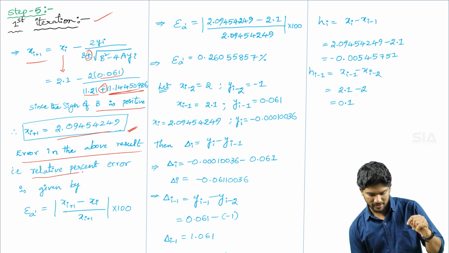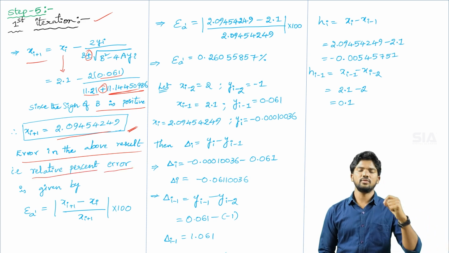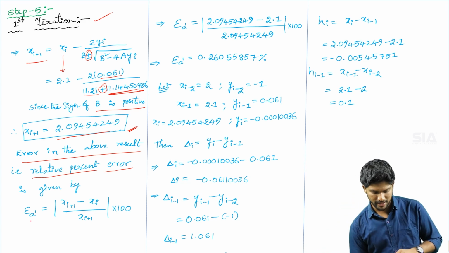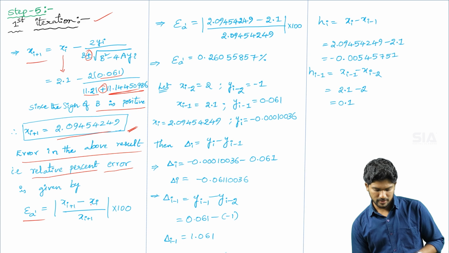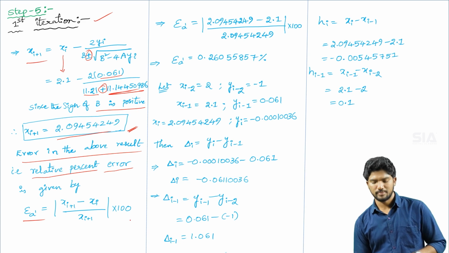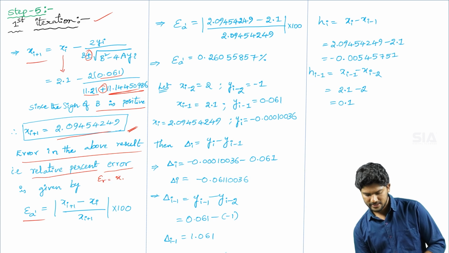That error is called the relative percentage error. In the beginning classes we discussed that the relative percentage error is given by epsilon suffix a dash equal to x suffix I plus 1 minus x suffix I by x suffix I plus 1 into 100. The same formula we also discussed as epsilon r equal to x suffix r dash by x suffix r into 100.